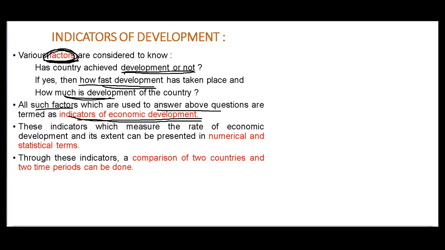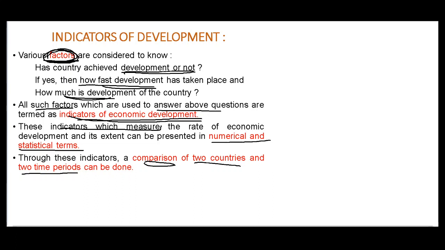These indicators, which measure the rate of economic development and its extent, can be presented in numerical and statistical terms. Through these indicators, a comparison between two countries and between two time periods can be done.